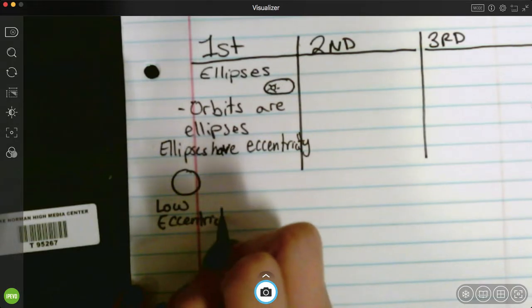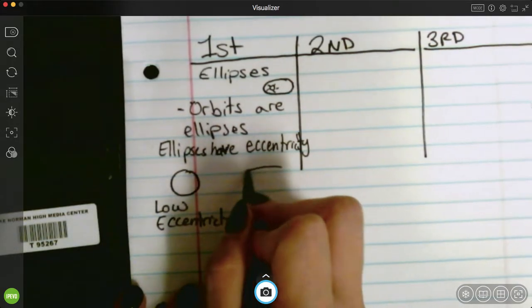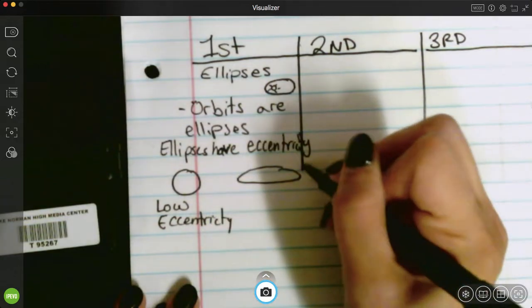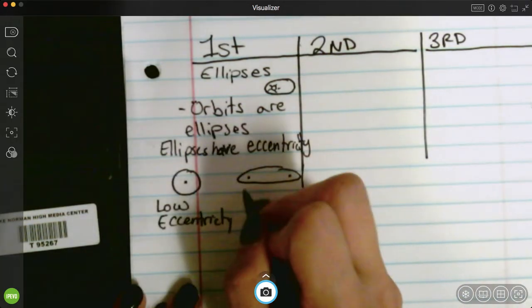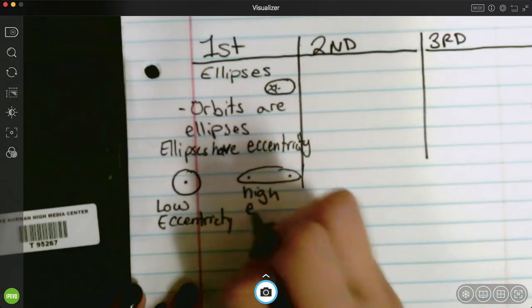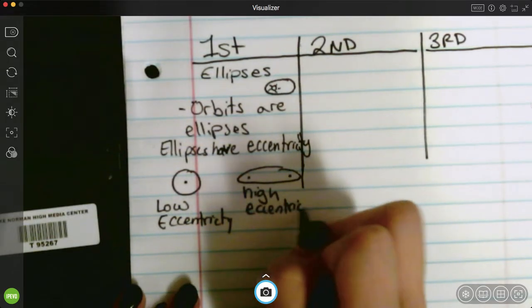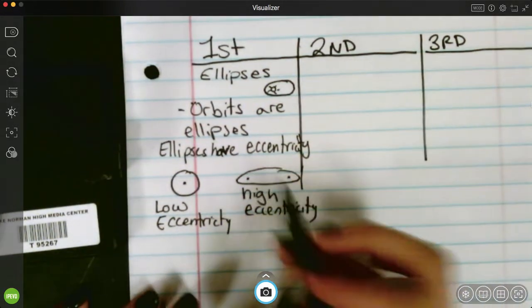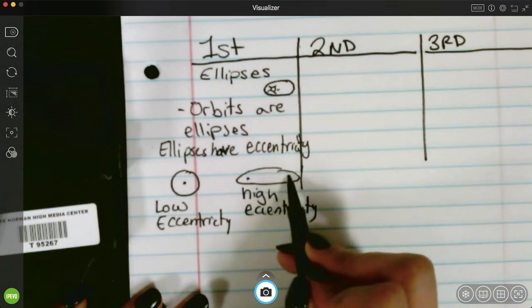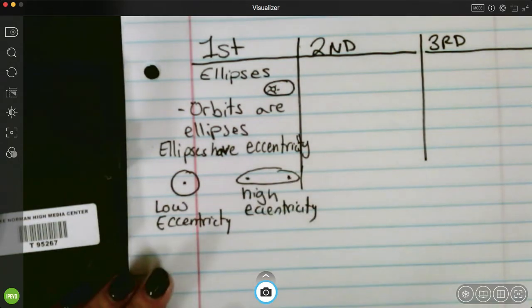It's all very even. Something like this has high eccentricity. And you can see in my little drawing how I make something have high eccentricity is by moving these foci apart.